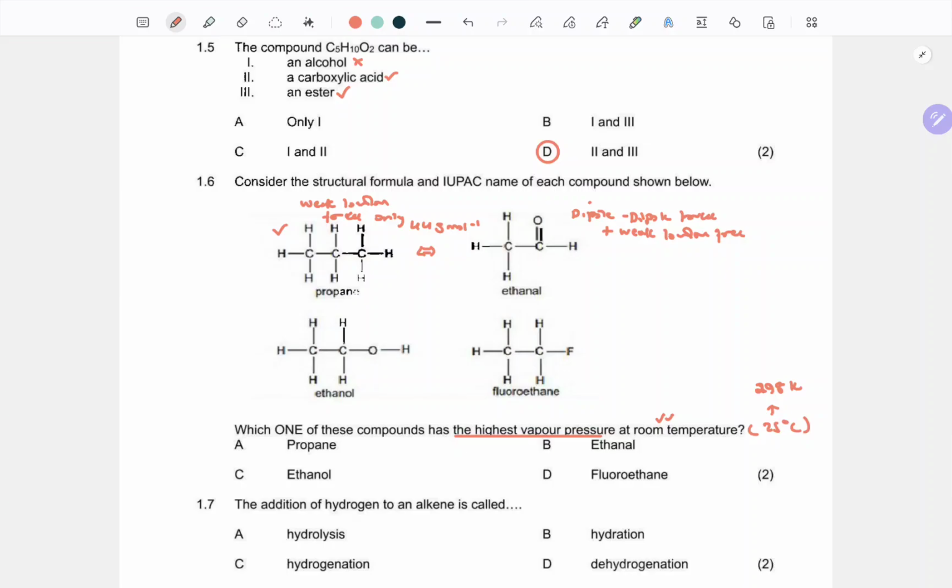But now let's compare these other ones. Now ethanol, let's see what would be the molar mass for that. So that's 24 plus 16, plus 1, 2, 3, 4, 5, 6. So this basically gives us 46 grams per mole.